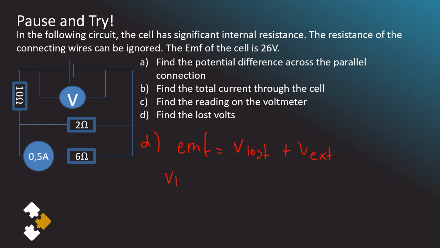So let's isolate V lost, and that gives us EMF minus V external. In our question, you can see they've given us the EMF as 26 volts. And we've just worked out our V external in the previous question as 23 volts. Sorry, that should be 26 minus 23, which gives us 3 volts. And this is essentially our V lost, which concludes this question.